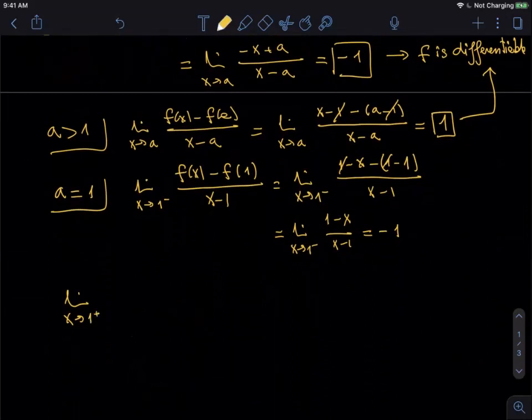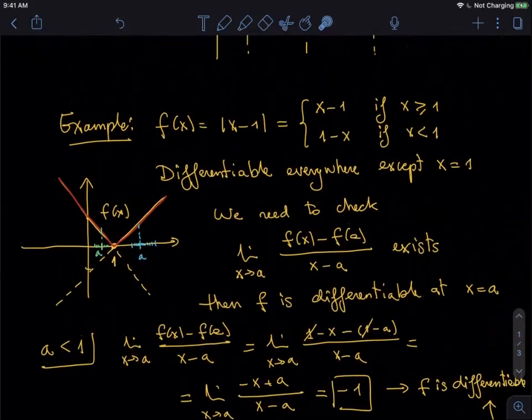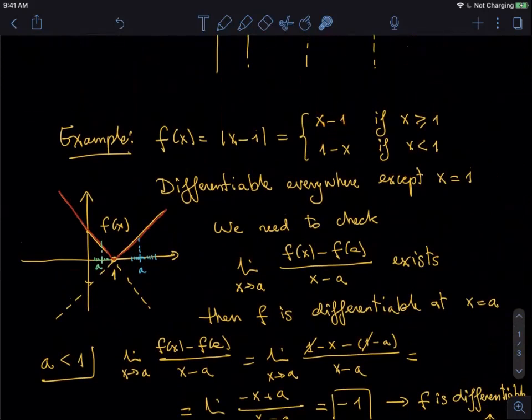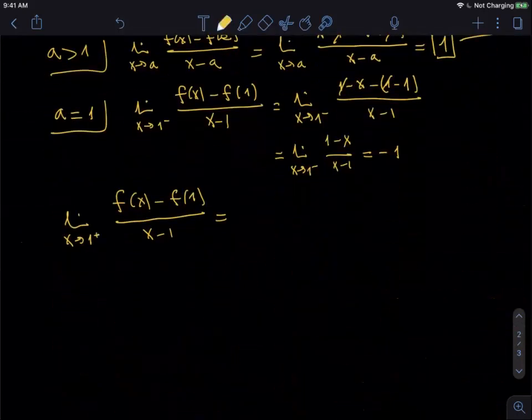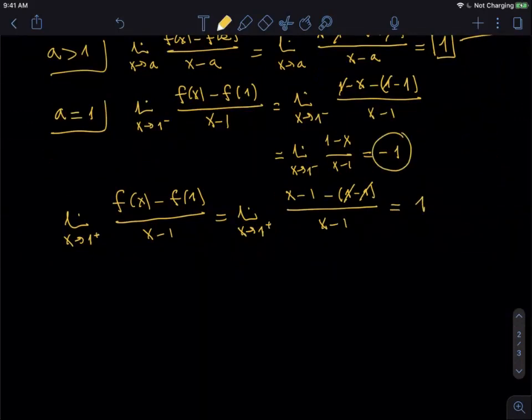So from the right, f of x minus f of 1 divided by x minus 1. Because we are approaching from the right, f is defined as x minus 1. So this is x minus 1 minus 1 minus 1 divided by x minus 1. It cancels out, and this is equal to 1. So you see we got 1, and we got negative 1 before.